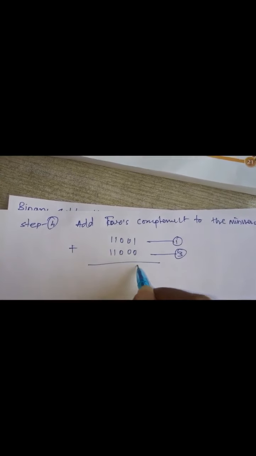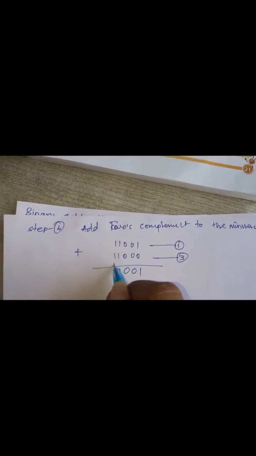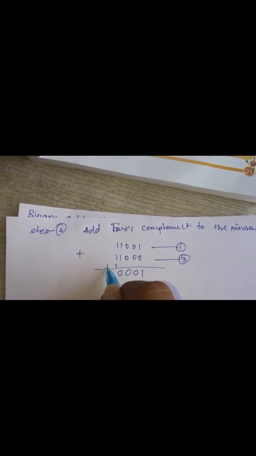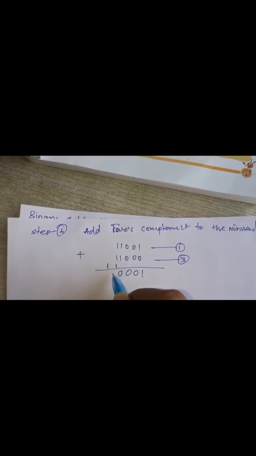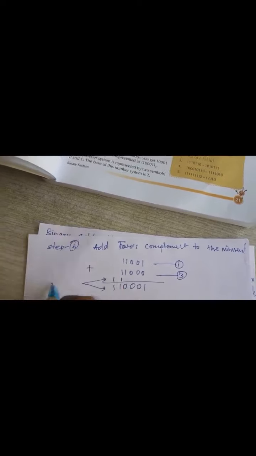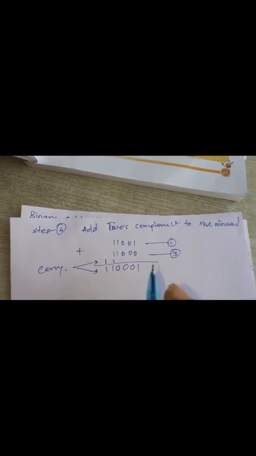We have to add these two equations. 1 plus 0 is 1, 0 plus 0 is 0, 0 plus 0 is 0, 1 plus 1 is 0 with 1 carry, 1 plus 1 is 0 with 1 carry, and 0 plus 1 is 1, and this 1 is carry. This is our result, but the carry is present.